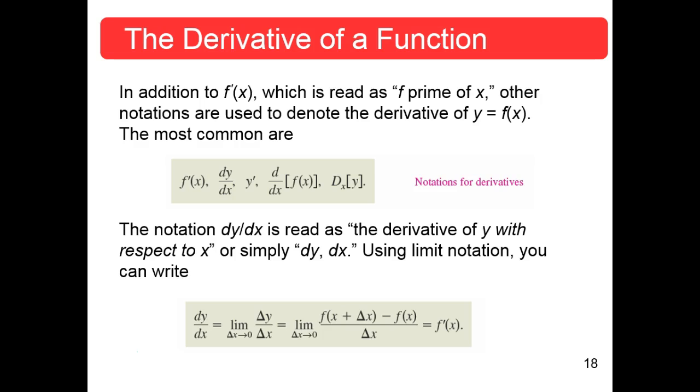So there's lots of different notations. Use whatever you're most comfortable with. Be familiar with them all. This notation, dy dx, is derivative of y with respect to x, or simply dy dx. They'll quite often say it that way. I've tried to say dy by dx, but you don't have to say the by there.